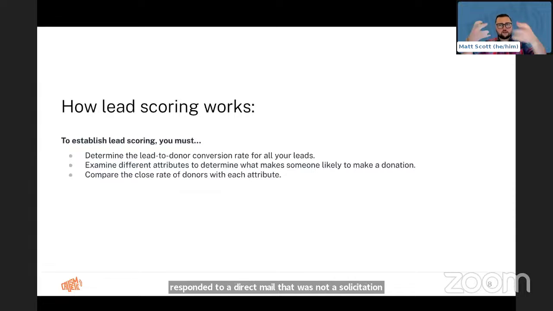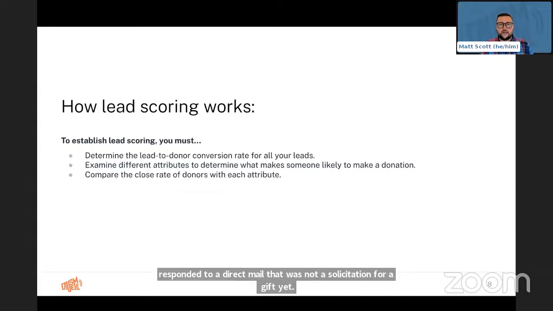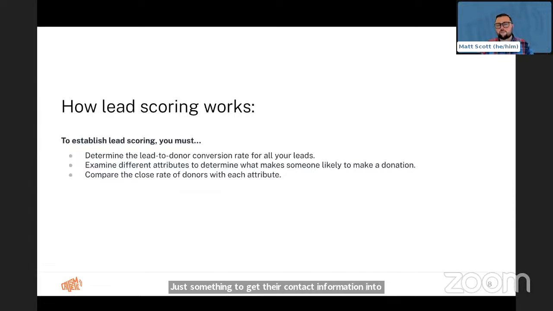Just something to get their contact information into your system. How many new leads are in the last 12 months? Now identify how many of those have actually made a donation. And you take the number of donors and you divide that by the total number of leads, and that is your lead to donor conversion rate. You want to understand what that rate is overall. It's a good benchmark for you to work off of.